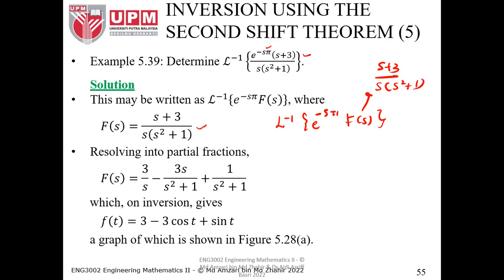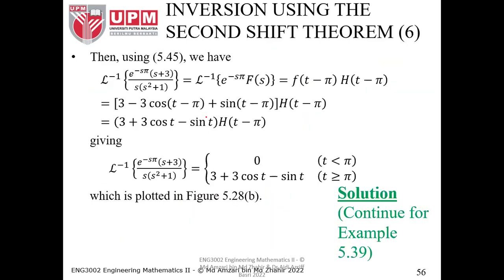Next is partial fraction. Then you invert in terms of t, f(t). So you will get 3s over s squared plus 1 becoming 3 cos t, and 1 over s squared plus 1 becoming sin t.